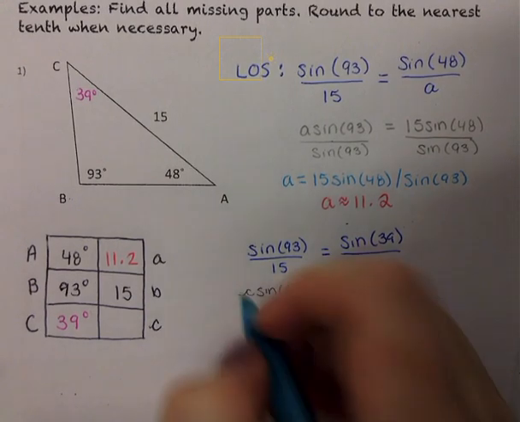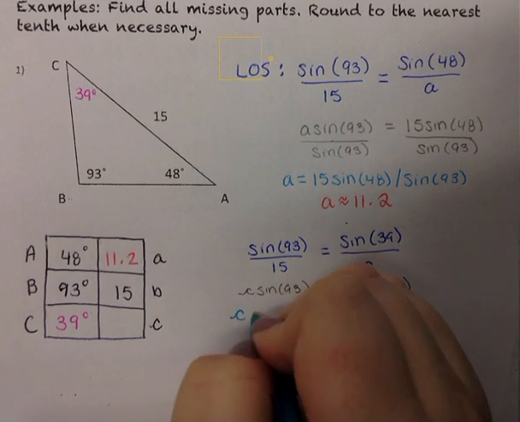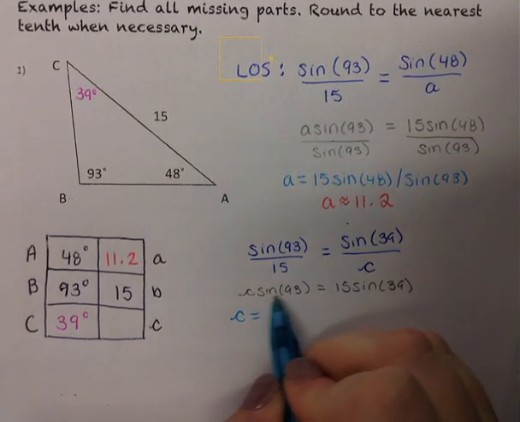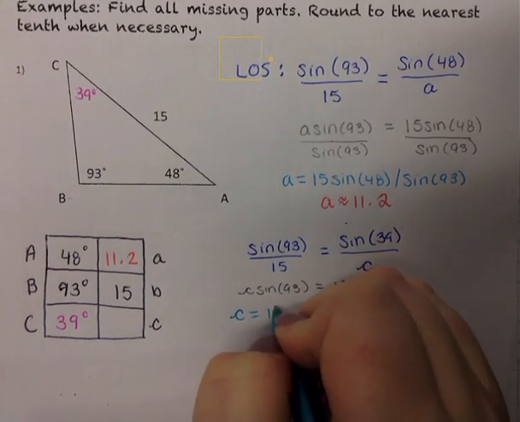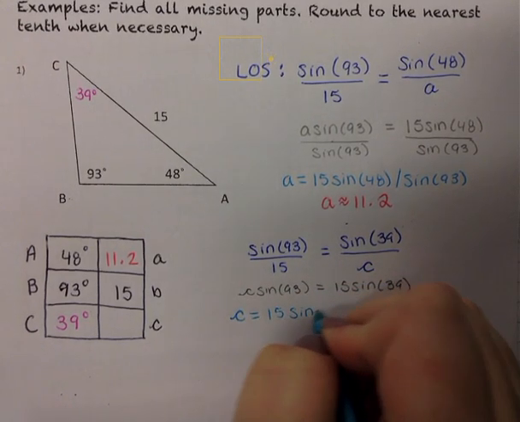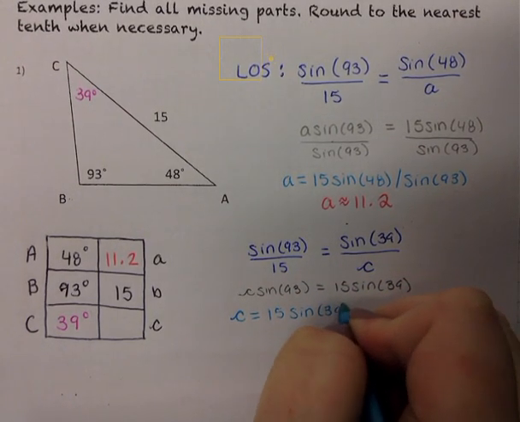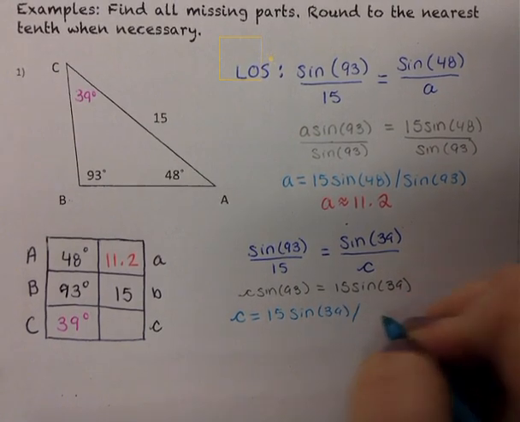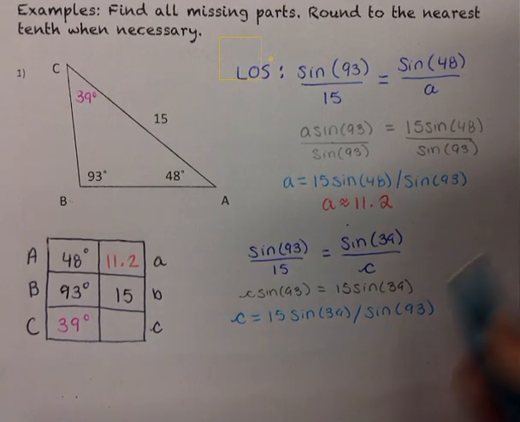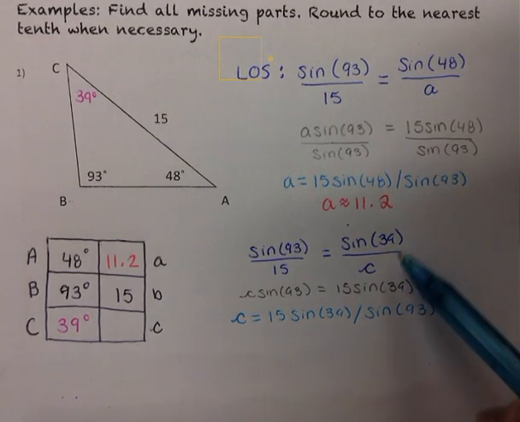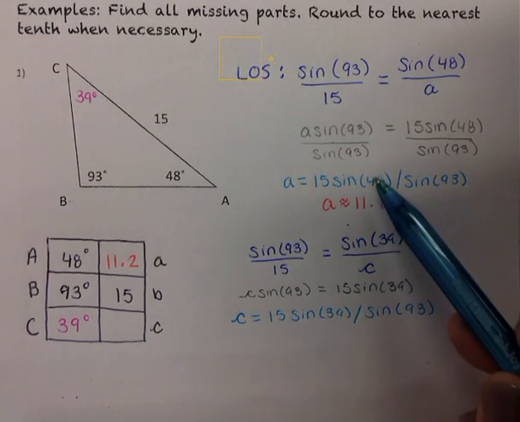So in my calculator, we'll have little c equals, we're going to divide by sine of 93, so this will be our numerator, 15 sine of 39 divided by sine of 93. So these two equations are almost identical, it's just the angle has been changed.